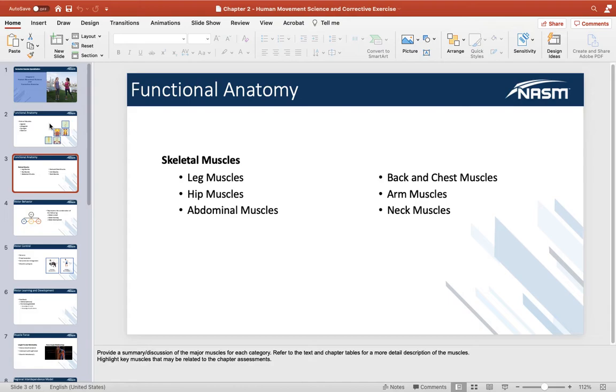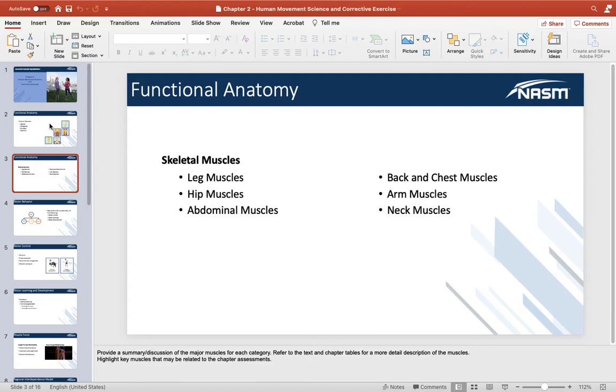So that's anything from low back to quadriceps, it could be hip flexors, your hip extensors, your abductors and adductors. Your abdominal muscles could be anything centralized, so it could be your obliques or your abdominals. The back and chest, so we're talking about major muscle groups of the upper back, like the lats and the traps and the rhomboids.